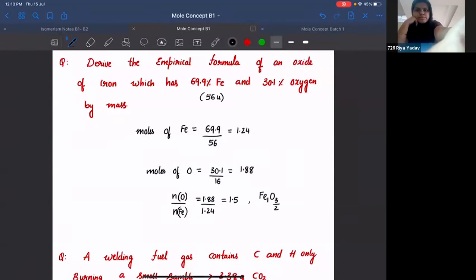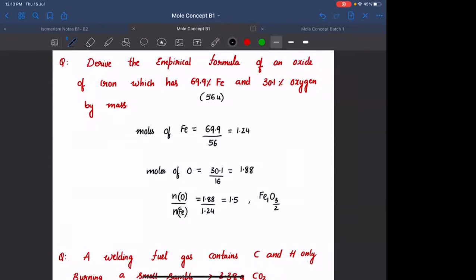But in the whole number ratio, we will multiply that by 2. You will get that as Fe2O3. Clear?